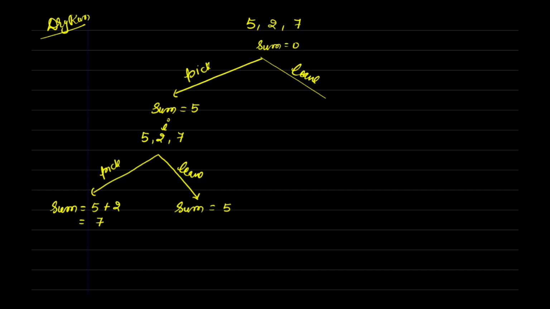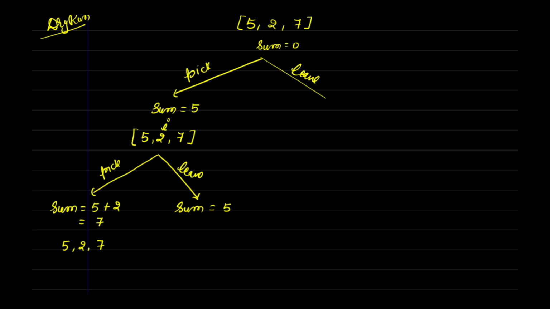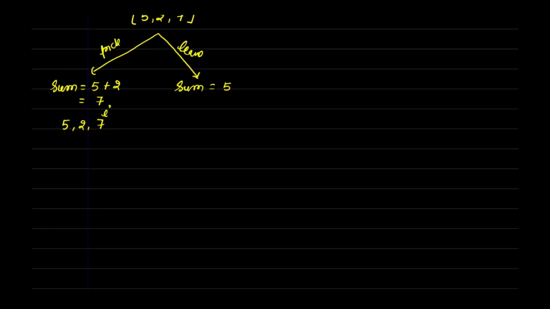Now here my array will be 5, 2, 7. Now the index is increased by 1, so the index will be here.